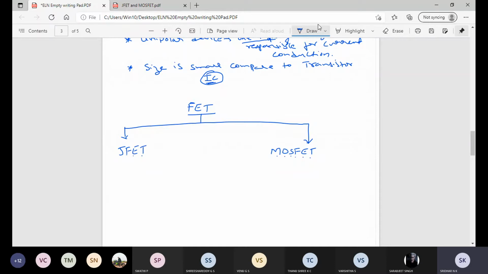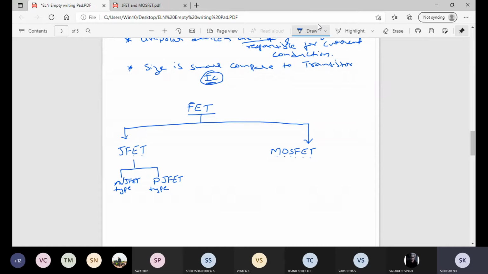Again, JFET is classified into two types: N channel and P channel, N type and P type. That is NJFET and PJFET, the N channel junction field effect transistor and the P channel junction field effect transistor.